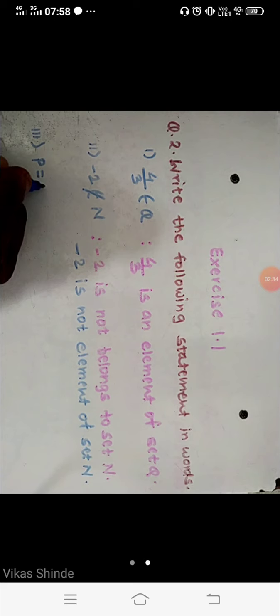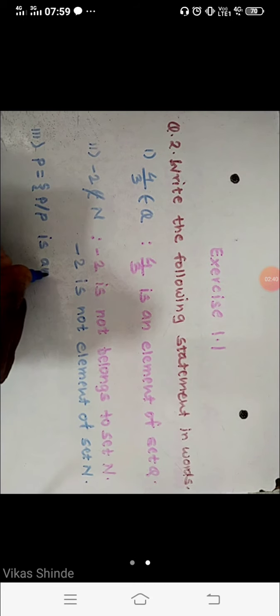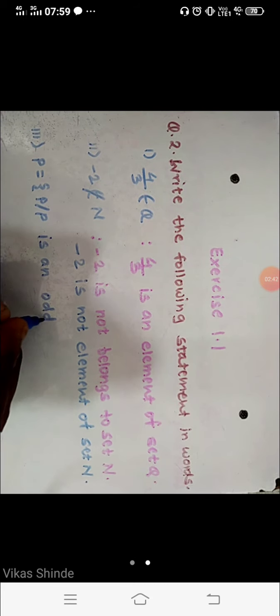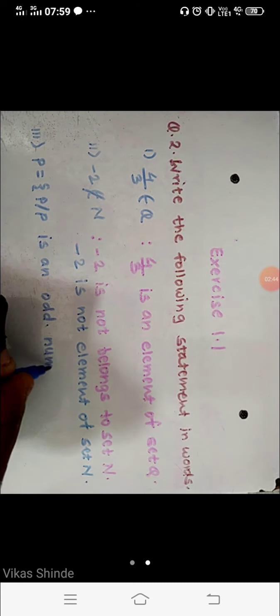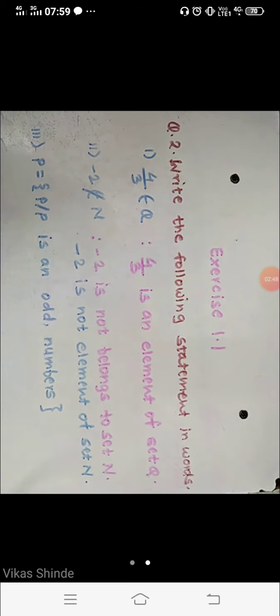Now the third one here, look, the next one: P equals, inside a curly bracket, P such that P is an odd number. Now look carefully, we have to write the statement in statement form, so we have to write it this way here.